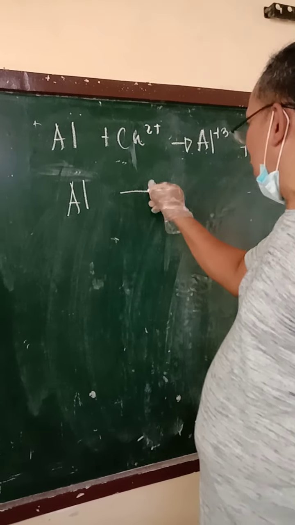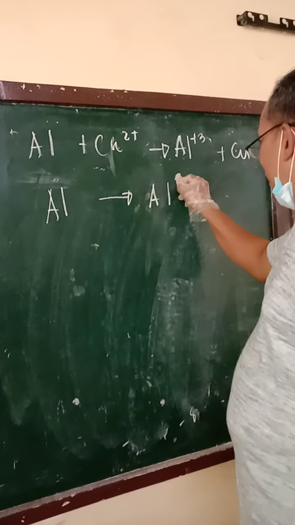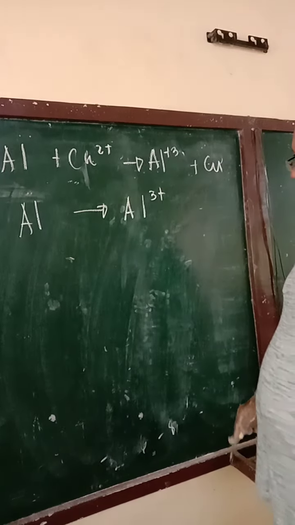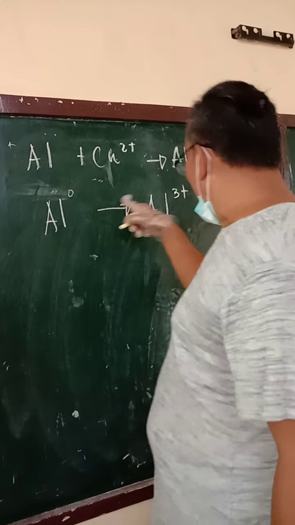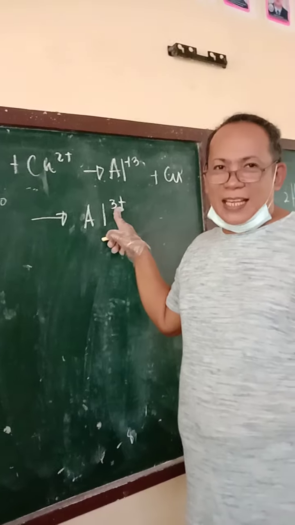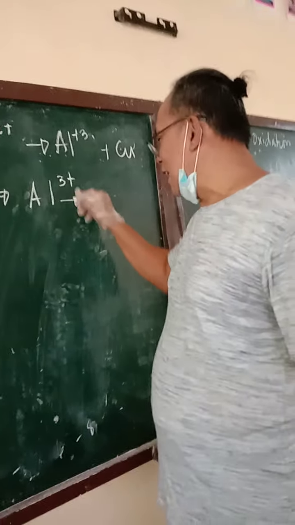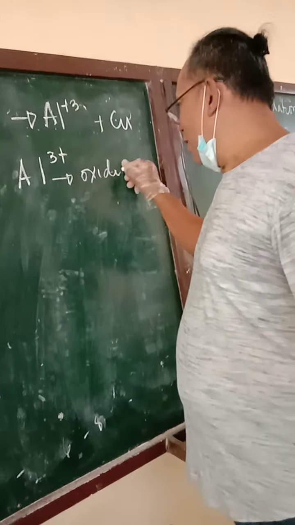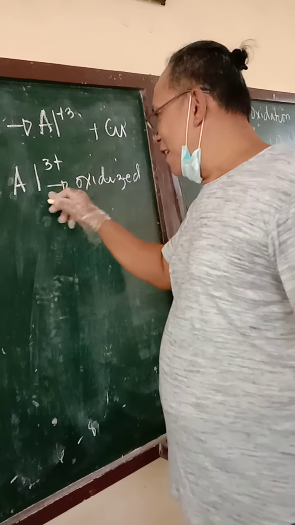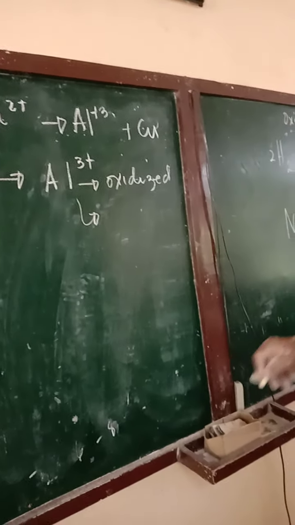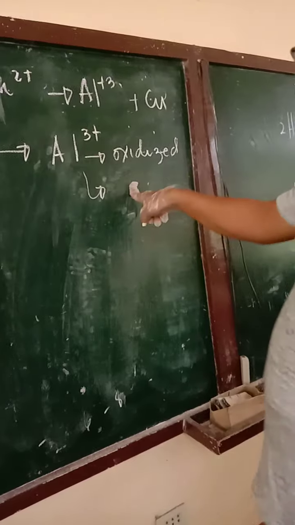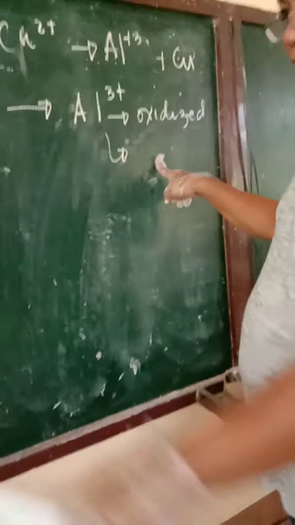Aluminum nahimo siyang positive 3. So, gikan sa 0, paingon siya sa positive 3, nahimo siyang na-oxidize. Therefore, ni-increase ang iyang oxidation number.